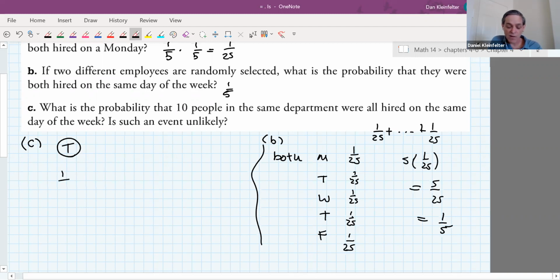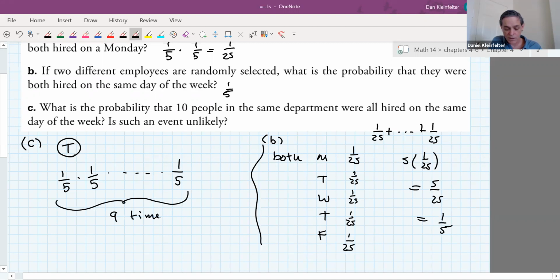So that would be a 1 in 5 chance that the second person is hired on the same day, 1 in 5 chance for the third person, and then that needs to occur a total of 9 times. Okay, for the other 9 people. So this will be a really small number.